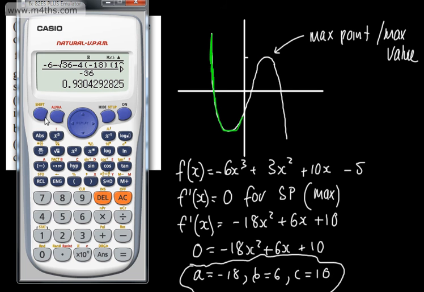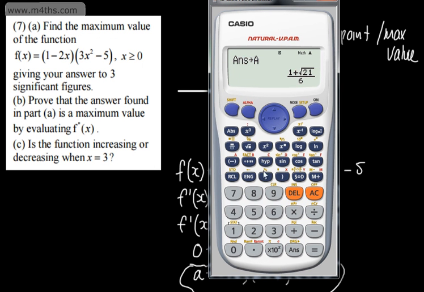So if I just store this in, I'm going to store it in as A. You don't have to, you can just have it as your answer. So what I'll have is 1 minus 2 lots of the answer, multiplied now by 3 lots of the answer squared, minus 5. Or I could have done A instead of answer for those.